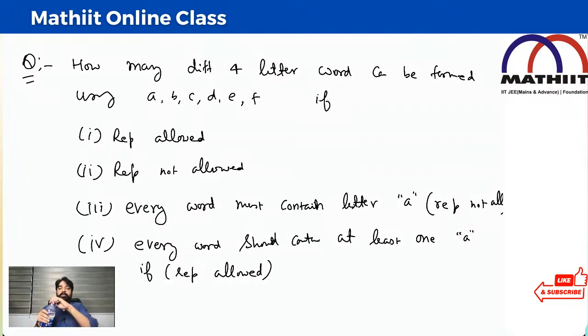A little bit faster you have to go. First bit answer, somebody saying 4 raised to 4. How is it 4 raised to 4? A 4-letter word you have to form. 6 objects are there. It means 4 places are there.